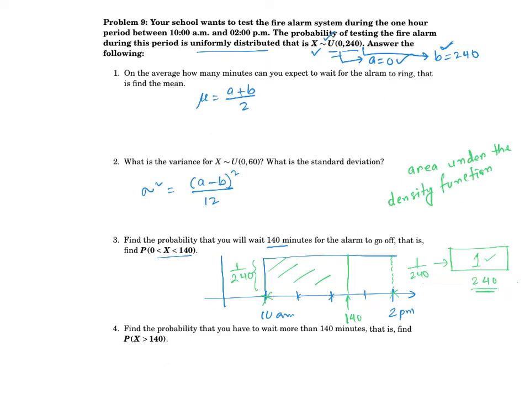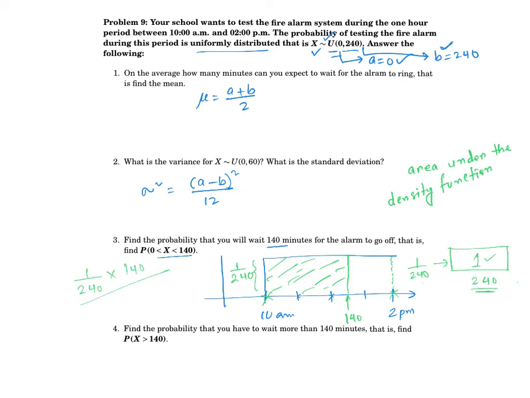That's the area under the curve. So you just have to use that. Your area, this shaded region, is going to be 1 over 240 times 140.